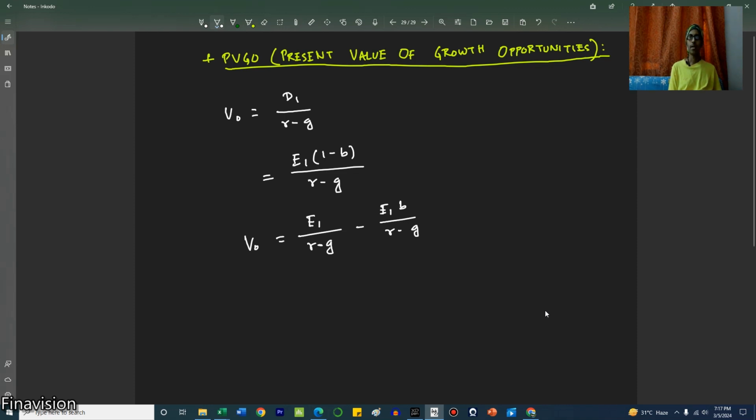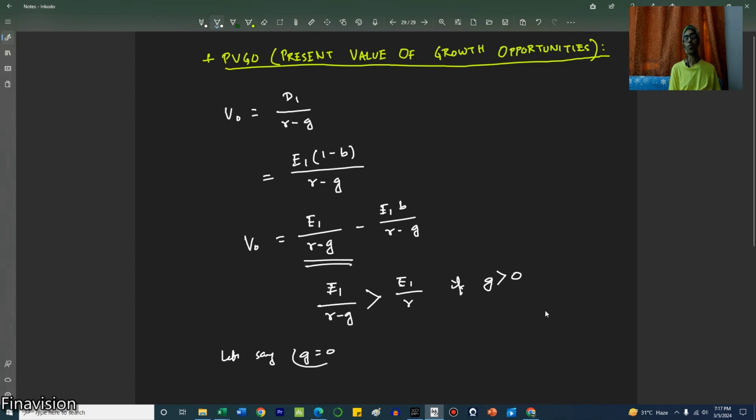Now let's take this expression only, E1 by R minus G. This is greater than E1 by R, obviously, if G is greater than 0, that is, it has positive growth rate. Now let's say G is equal to 0.